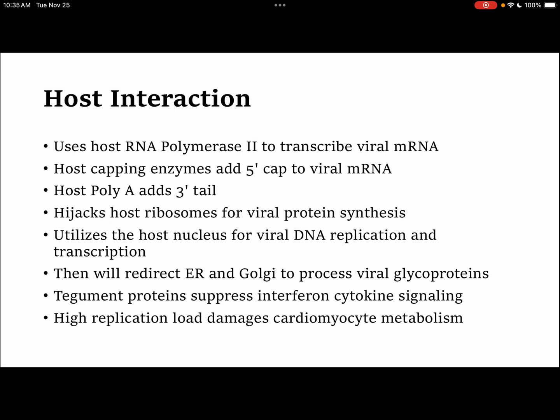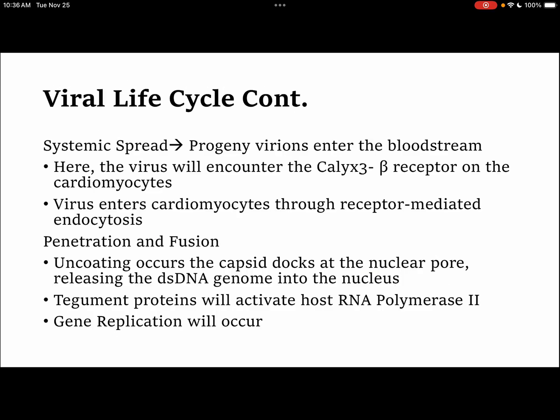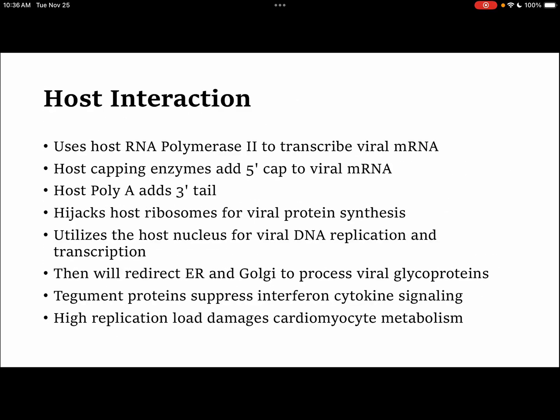We'll also see that CMV1 will hijack host ribosomes to translate all viral proteins, as we saw in the diagram here. The ribosome is translating all those viral proteins. We also see that it uses the host nucleus for DNA replication, and then it will redirect the ER and Golgi apparatus to fold and assemble those viral glycoproteins.